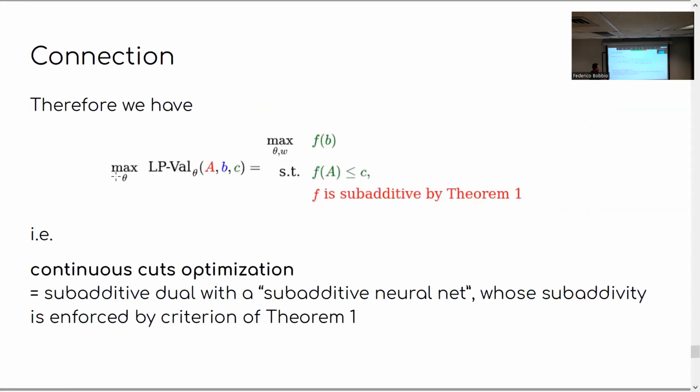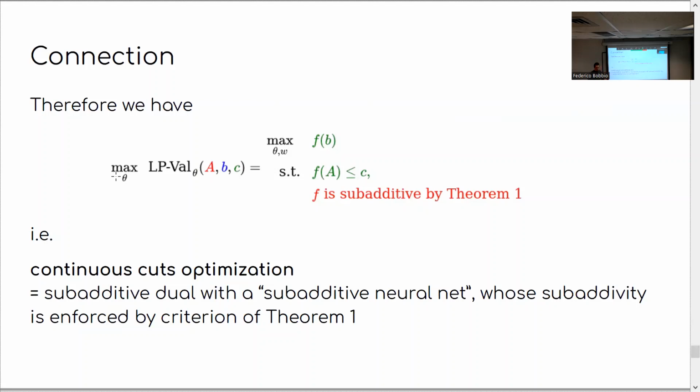And so what you really have here is that maximizing this is really equivalent to maximizing f_b such that f is smaller or equal to c, and that f is subadditive by the criteria of theorem 1. How funny, that's exactly the subadditive dual, except that it's a subadditive dual over a very specific class of subadditive functions, whose subadditivity is enforced by a specific criterion.